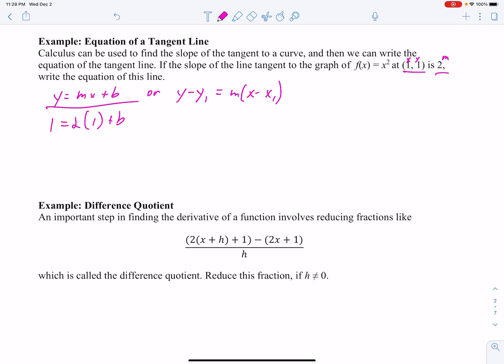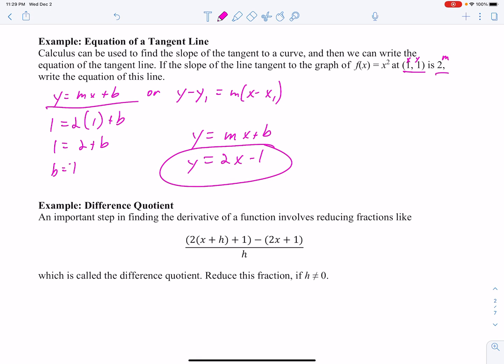All right. Anyway, 1 equals 2 plus b. So we'll subtract 2. So b equals negative 1. All right, and then we want the equation. So y equals mx plus b. Well, we know that m is 2 and b is negative 1.